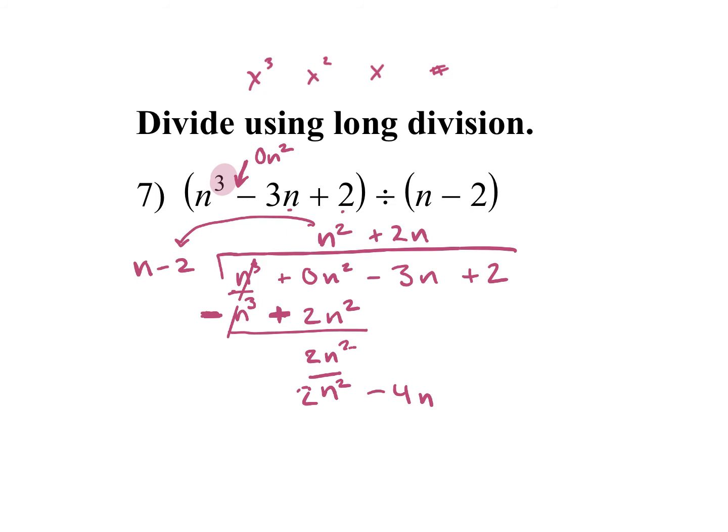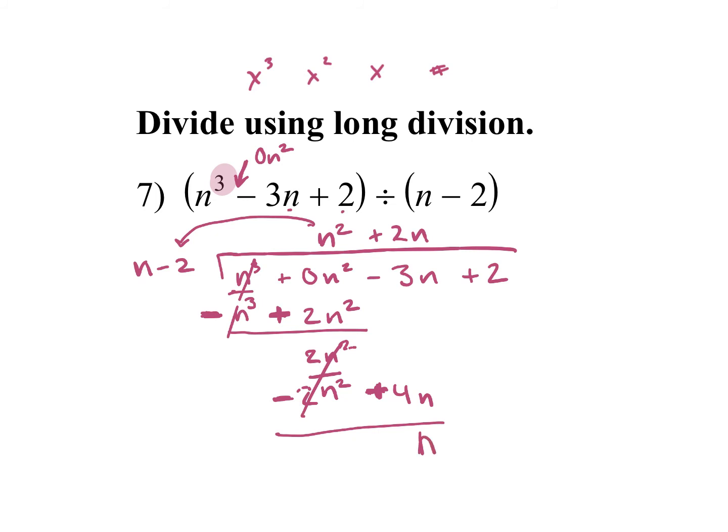Change the signs. Awesome. So this becomes negative and positive. So these cancel. What's negative 3n plus 4n? What's 4 minus 3? 1. So just 1n. And then we start from the top.